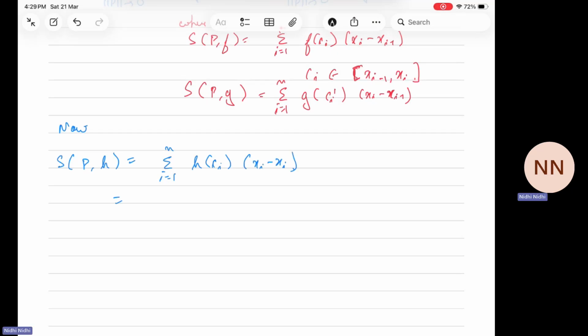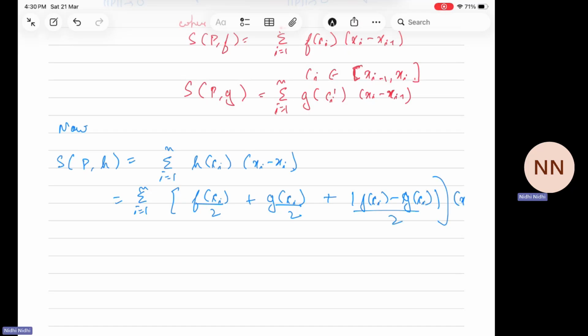So by definition, this is equal to the summation i from 1 to n of [f(c_i)/2 + g(c_i)/2 + |f(c_i) - g(c_i)|/2] times (x_i - x_{i-1}).